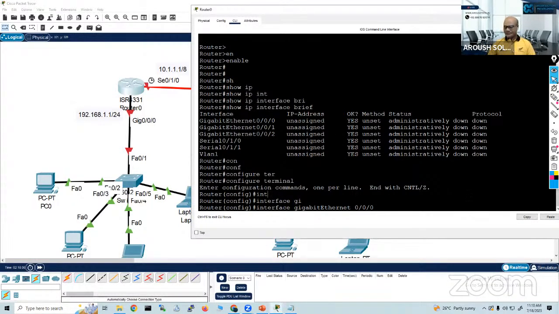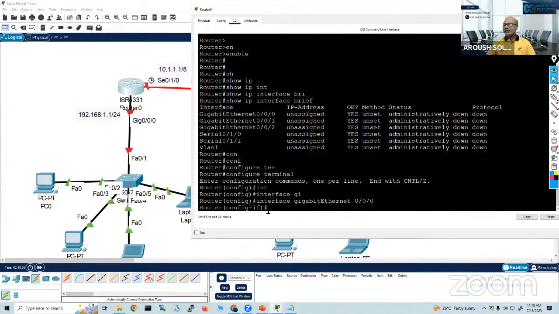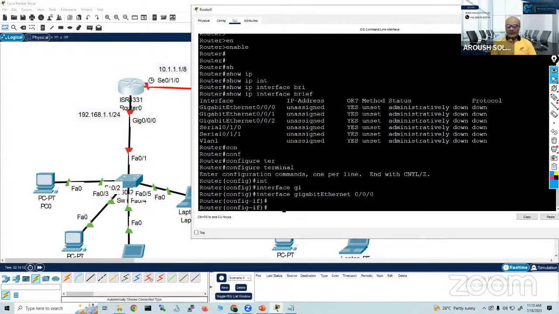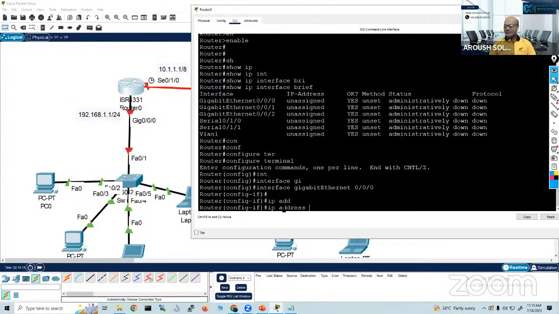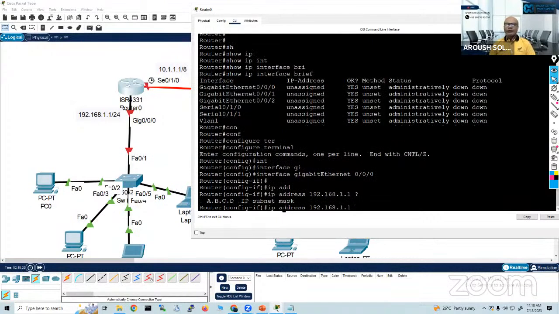So press here. As we can see, it takes you into that interface. Now I can give the IP address 192.168.1.1. Give the question mark. If you don't know how to use the command, just give the question mark and it will tell you. Which class IP address do you want to give? So give the subnet mask. I'm using which one? This is my class C IP address, right?